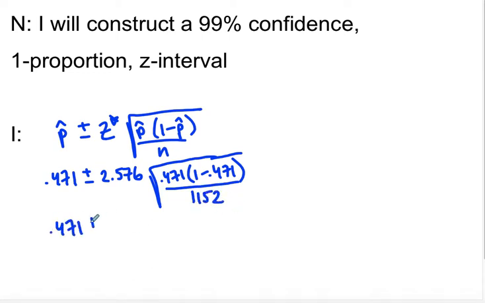All right, now remember, I want you to type the stuff in after the plus or minus and get an actual value. So when you type that in, this is what you get. Now, what is the significance of this number right here? That is the margin of error.